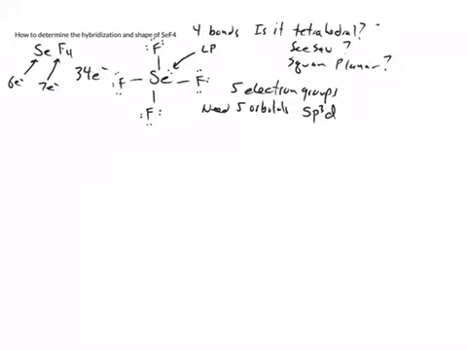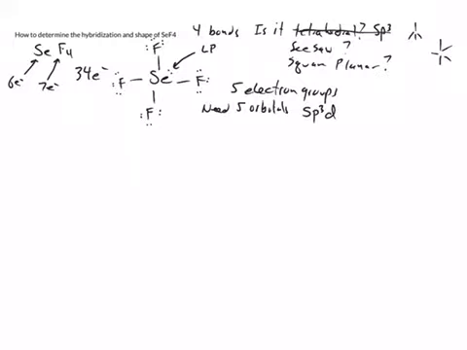Well, tetrahedral is sp3, so that's out. Let's draw tetrahedral real quick. There's no lone pairs. Seesaw kind of looks like this. That comes from the 5 groups.